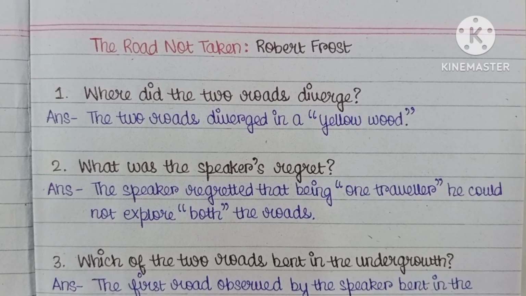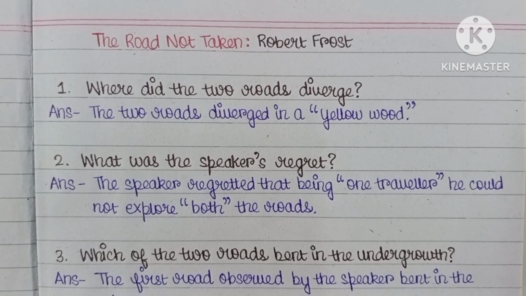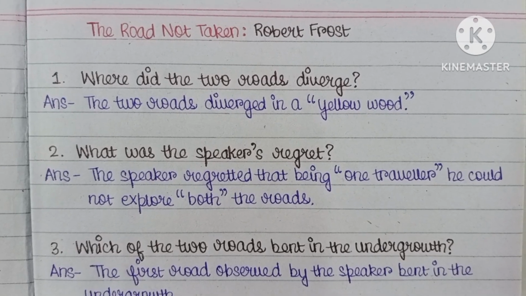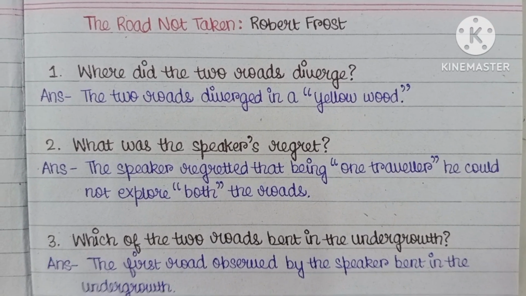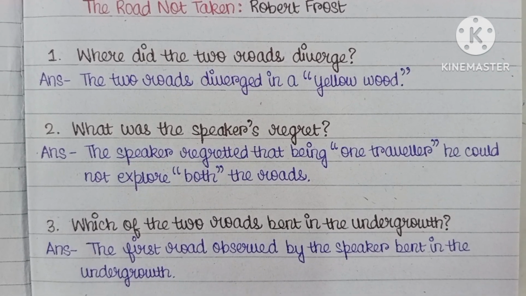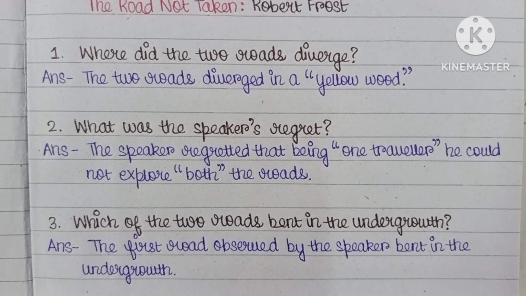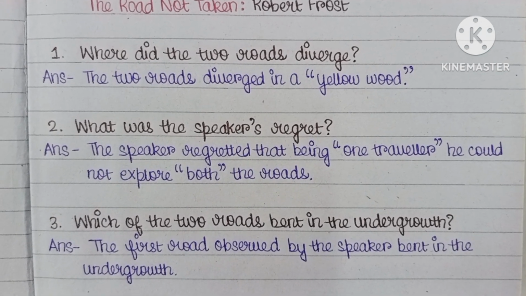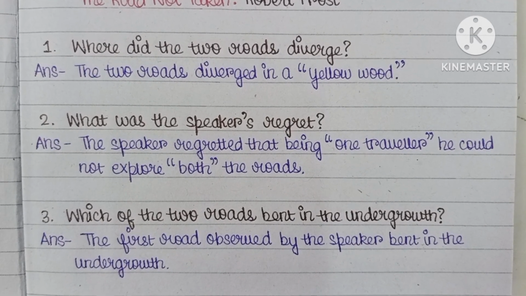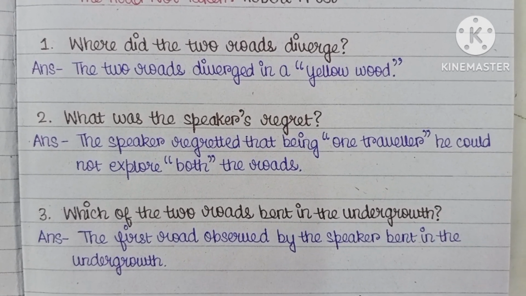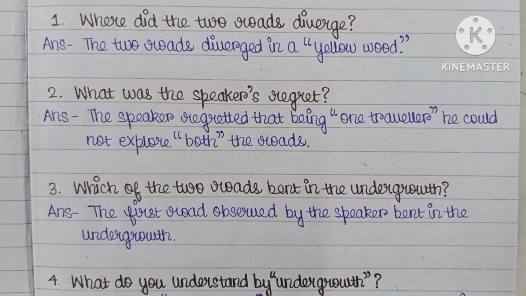Number 2. What was the speaker's regret? Answer. The speaker regretted that being one traveler, he could not explore both the roads. Number 3. Which of the two roads bent in the undergrowth?